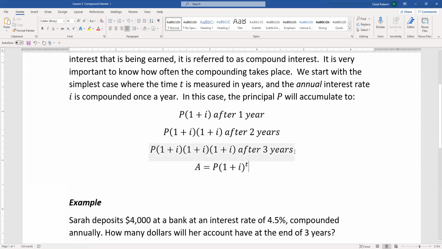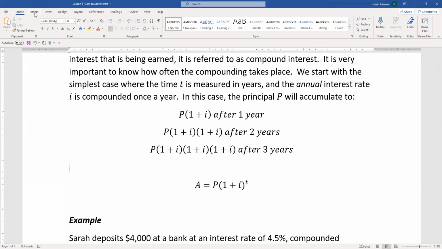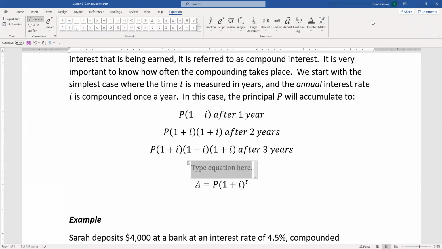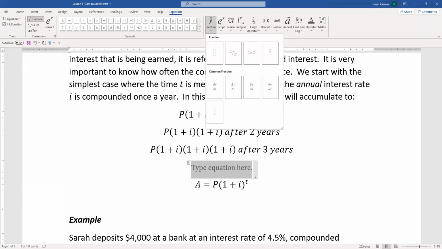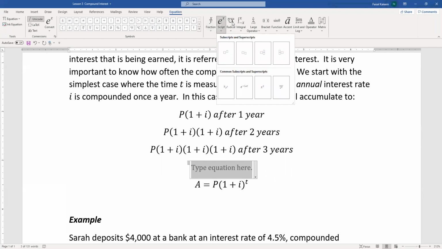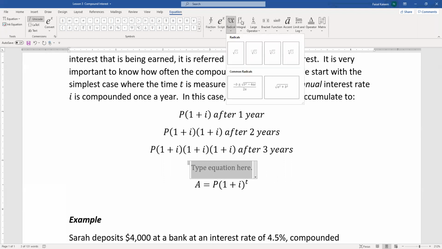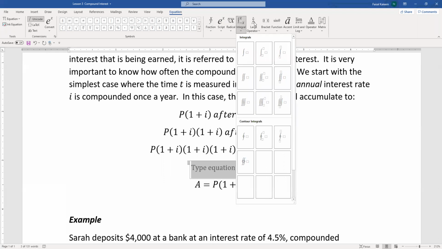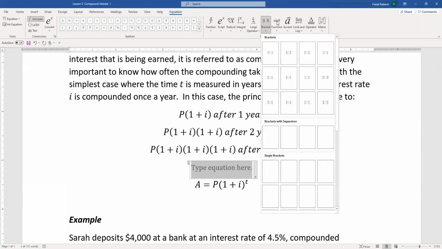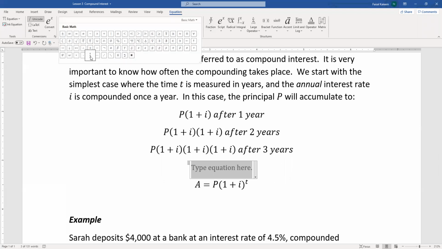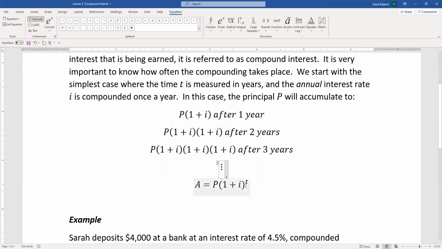So we can even do a dot, dot, dot, and then it would be P times (1 plus I) to the power t.